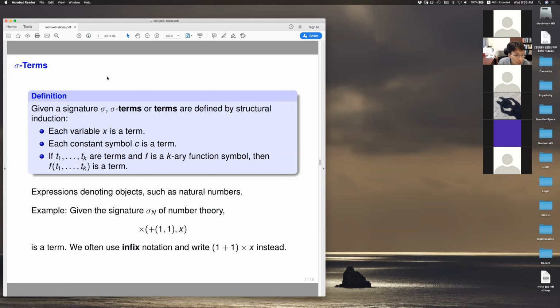Typically we are not writing in prefix notation, we are writing in infix notation because that's much more readable. So sigma terms are something that you expect. It's a syntactic entity that we can build using information from the signature, and it's defined inductively: either a variable, a constant, or a function application.